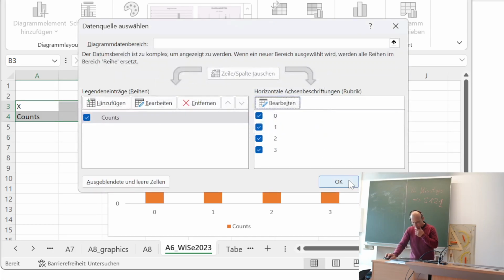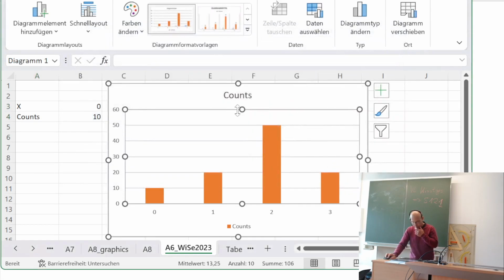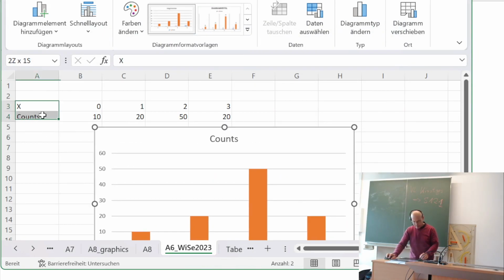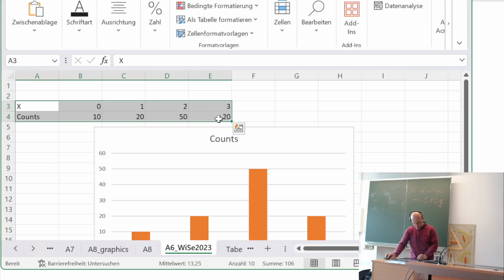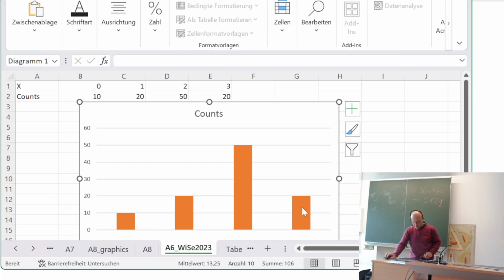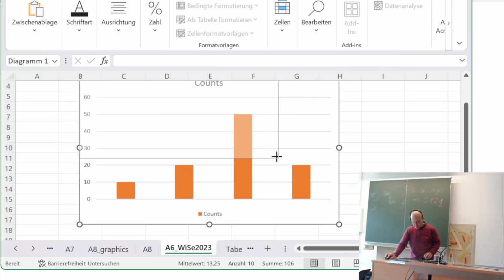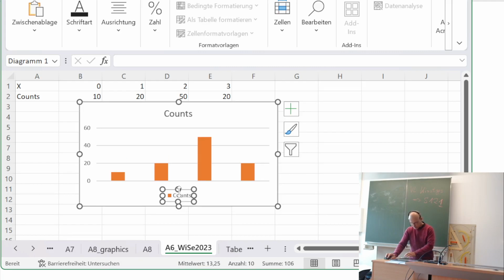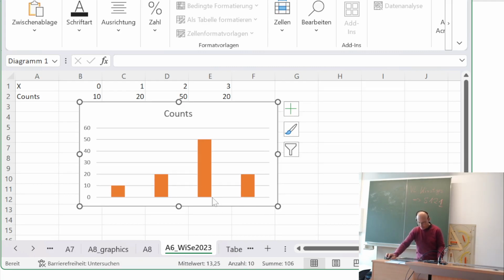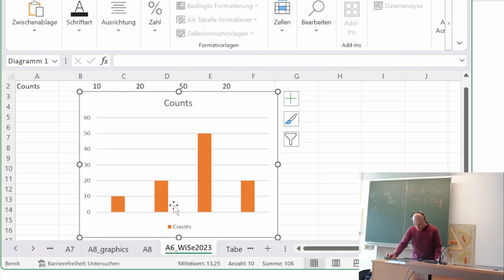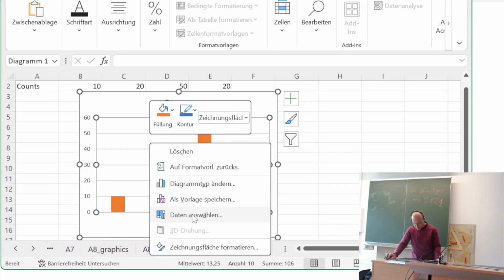Until G. So smaller. There's 1, 2, 3 not here. Data.